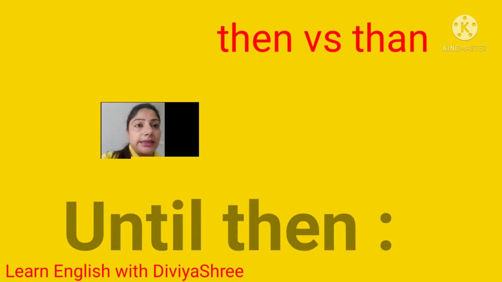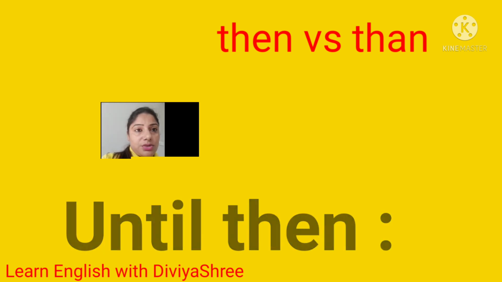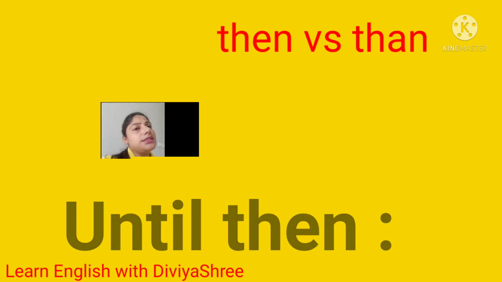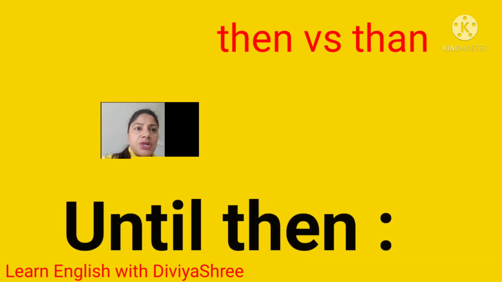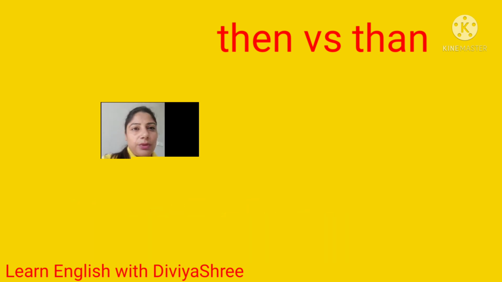What does it mean? Until the event occurs, till that time. I hope, guys, that how you can use and then is now clear to you.